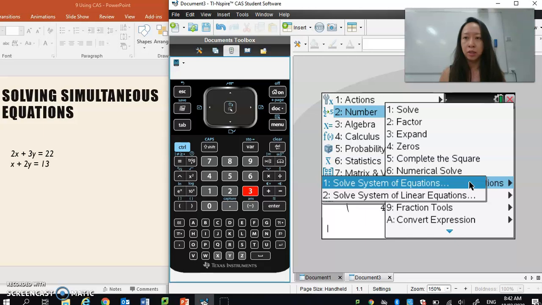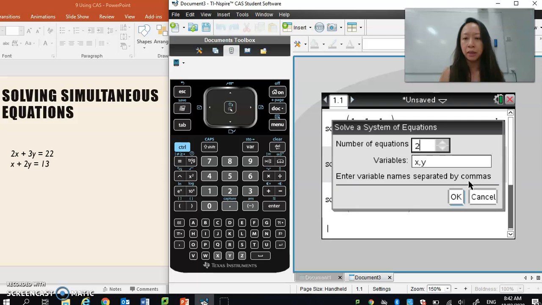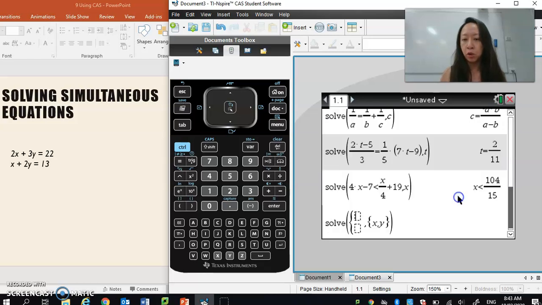So your shortcut key next time will be 3, 7, and 1. If I've selected this one, the screen will prompt me to select how many equations there are. In this case, it's just 2 basic equations. So I choose 2, and the variables are x and y, and therefore I press OK.